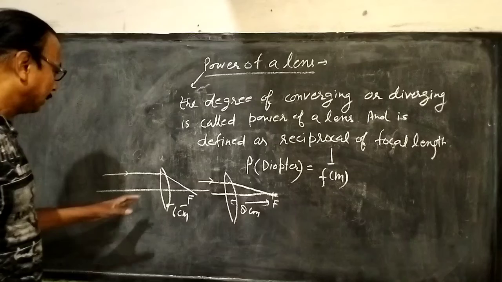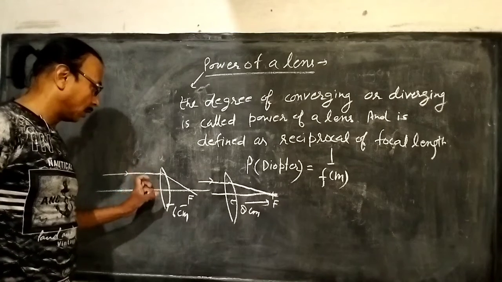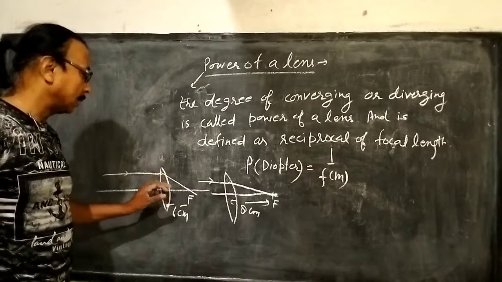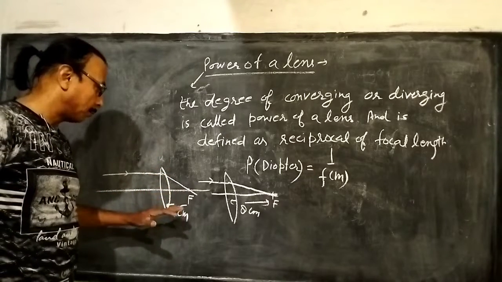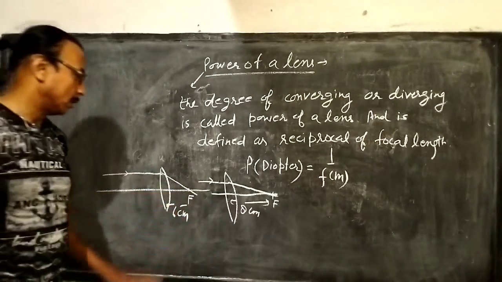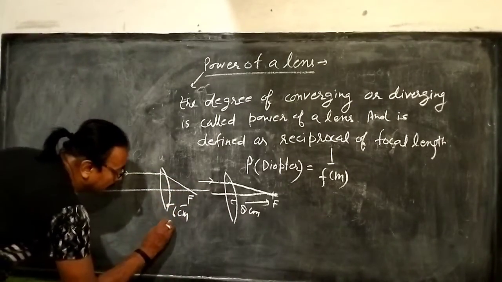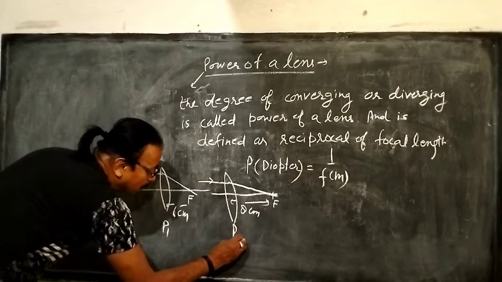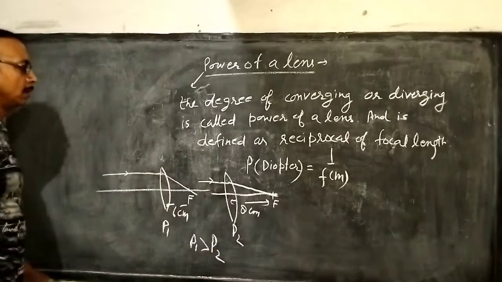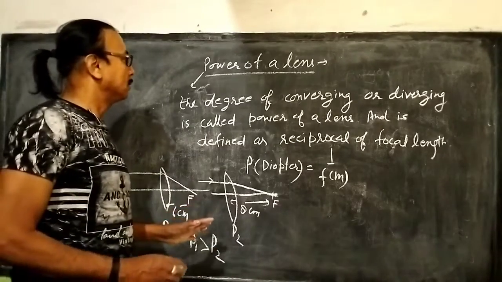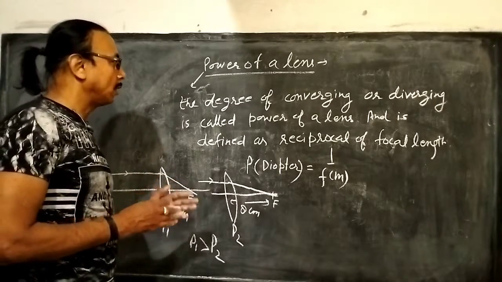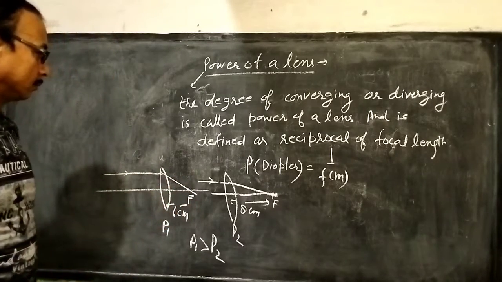So we see that this lens has more power to converge. It bends the light rays more, so its power will be more. The lens whose focal length is less has more power. So if its power is P1 and its power is P2, then P1 is greater than P2. This is the meaning of power. Power of a lens is measured by its degree of convergence or divergence of light rays.